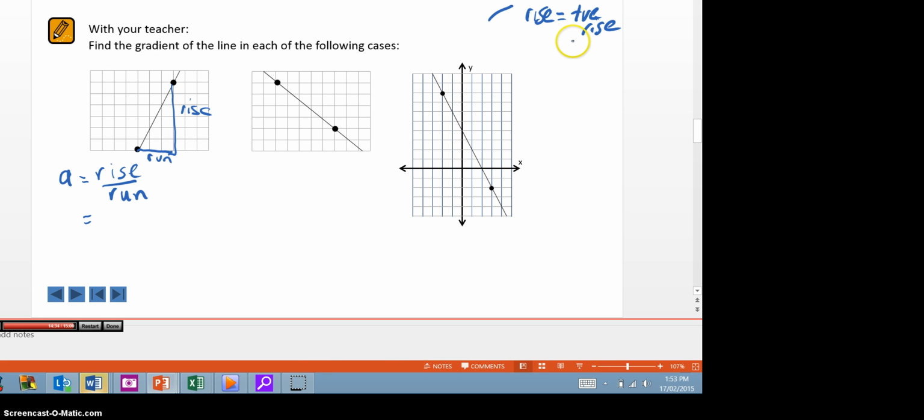Okay, your run will always be positive in the formula. We'll have a look at the example of the negative one in a minute. Okay, so let's count it out. 2, 4, 6, a rise of 6, and a run of 3. So it's just a matter of putting that into the equation. 6 divided by 3 gives you a gradient of 2, and that is your answer.